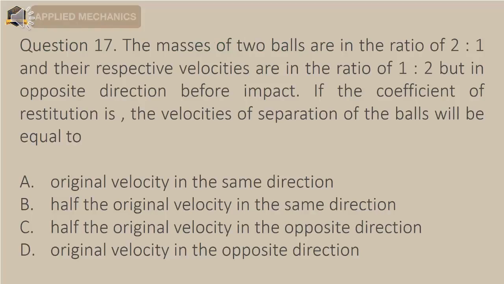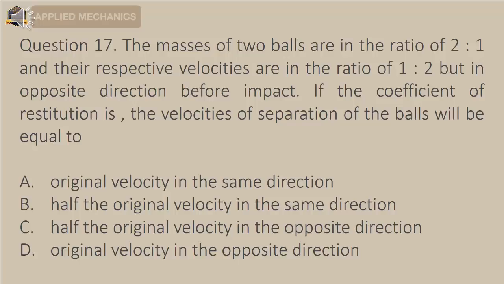Question 17. The masses of two balls are in the ratio of 2:1 and their respective velocities are in the ratio of 1:2 but in opposite direction before impact. If the coefficient of restitution is 1, the velocities of separation of the balls will be equal to A. Original velocity in the same direction.